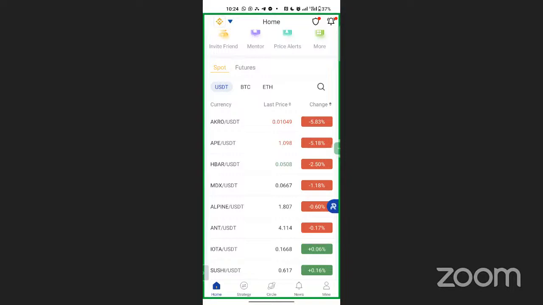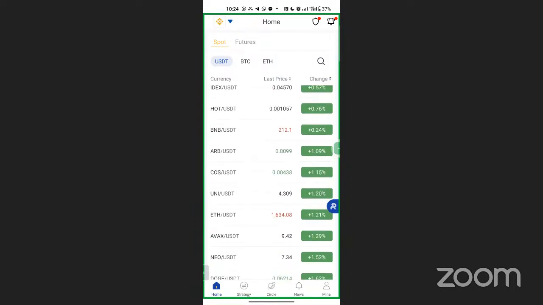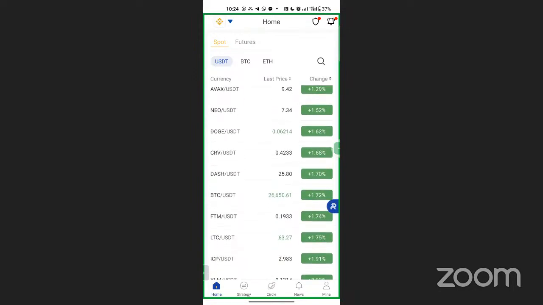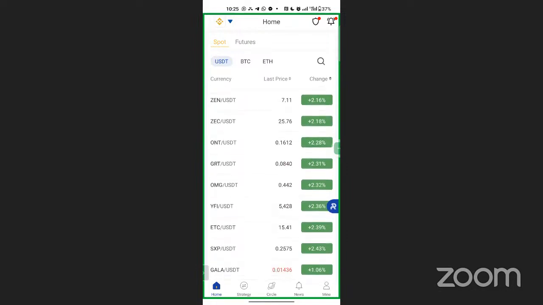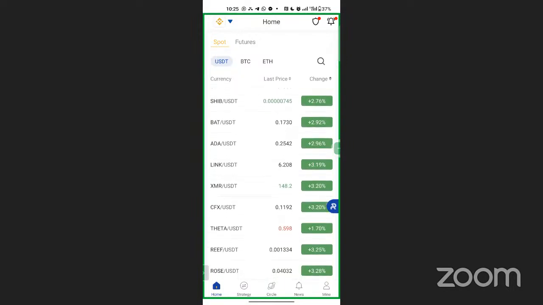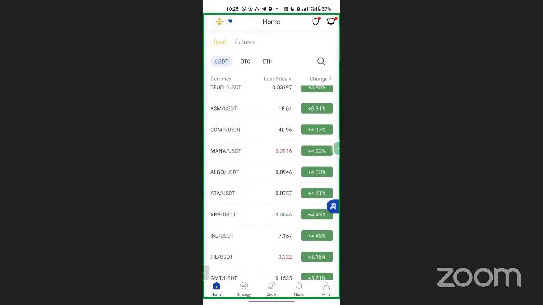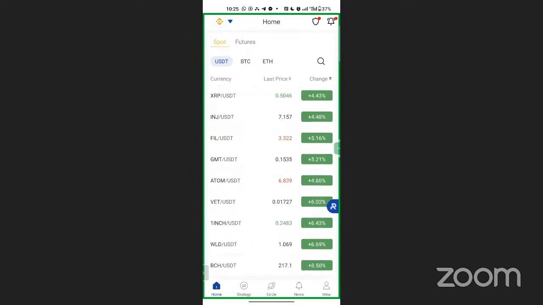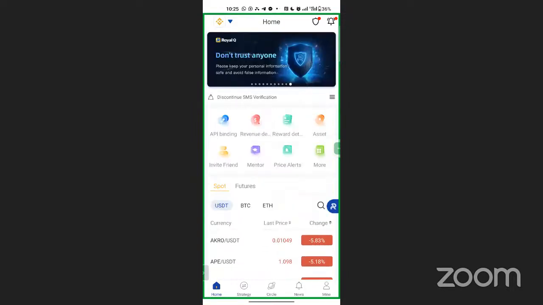So how many coins do we have in Royal Q? Close to 80 coins in Binance, okay?